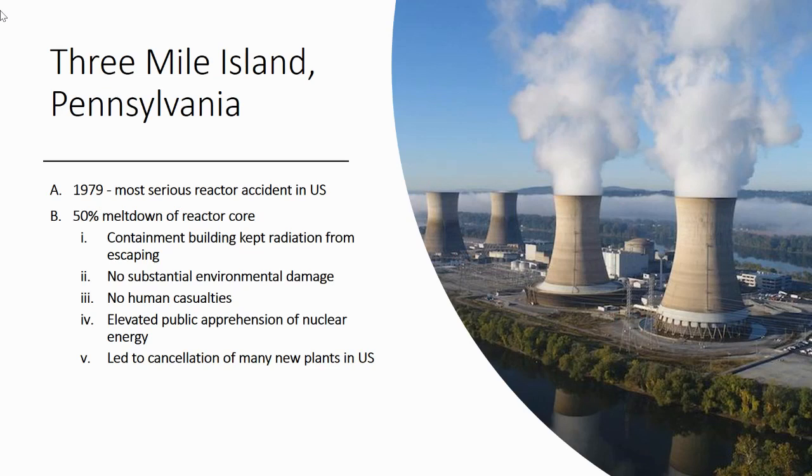Now, some examples of nuclear meltdowns and tragedies that you do need to be familiar with for this class. Number one being Three Mile Island, found in Pennsylvania. It was first established back in the 60s, 70s, but there was a serious reactor accident in this nuclear power plant back in 1979. About 50% or so of the reactor core melted down.